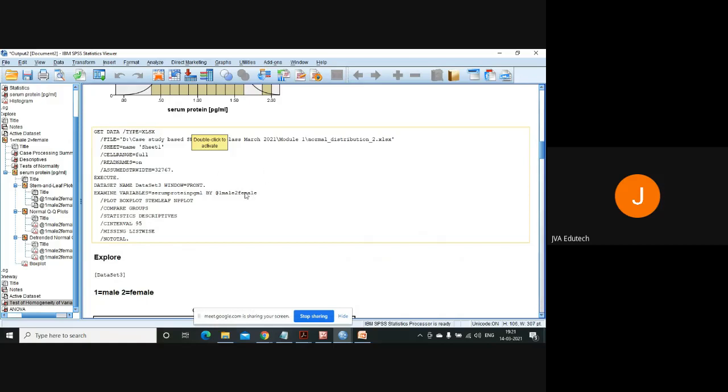But here, if I have this syntax, I will just make a few changes and I can run my analysis.